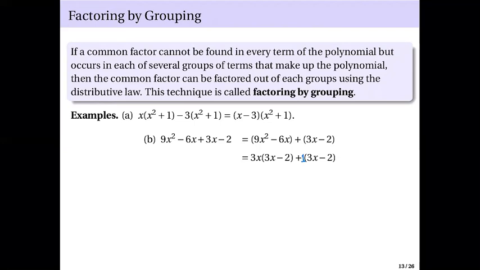And once you factor that 3x minus 2 out, you will have the other factor as 3x plus 1. So again, that plus 1 came from this part here. So you have this 3x, and then you have that plus 1. So that's your 3x plus 1 after you factor out this 3x minus 2. Okay?